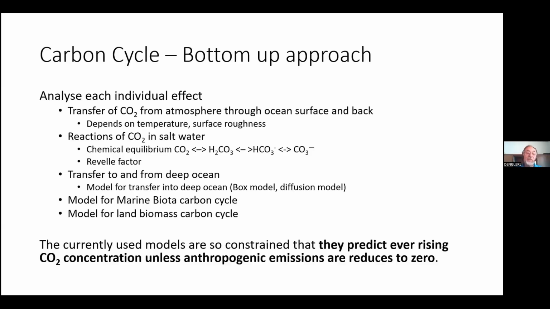The effects in question are the transfer of CO2 from the atmosphere through the ocean surface and back. That depends on temperature, on surface roughness, and a lot of other things. And then the reactions of CO2 in salt water.